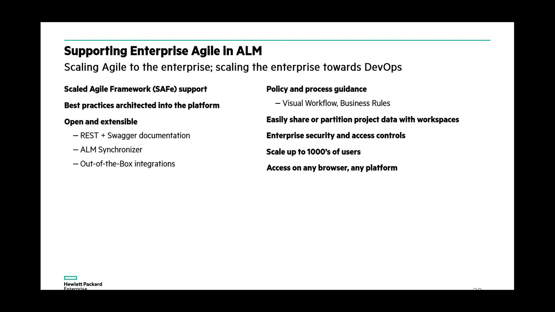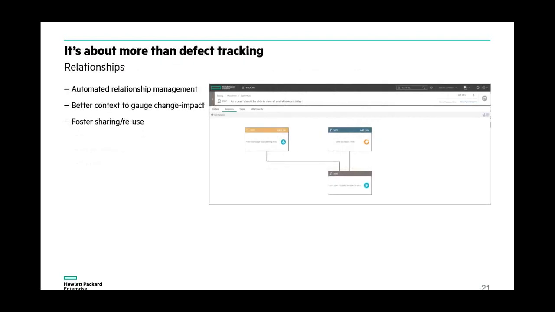Swagger helps actually create some of those, call them messages, so it's much easier to be able to do this stuff. Policy and process guidance and things like that. Again, I'll talk about some of these functionalities in a little bit more detail here before we get into the demonstration itself. But again, the idea is that enterprise Agile support is one of those things that we've done, and we've enhanced certainly within this new platform that we're going to talk to you guys about here in just a second.